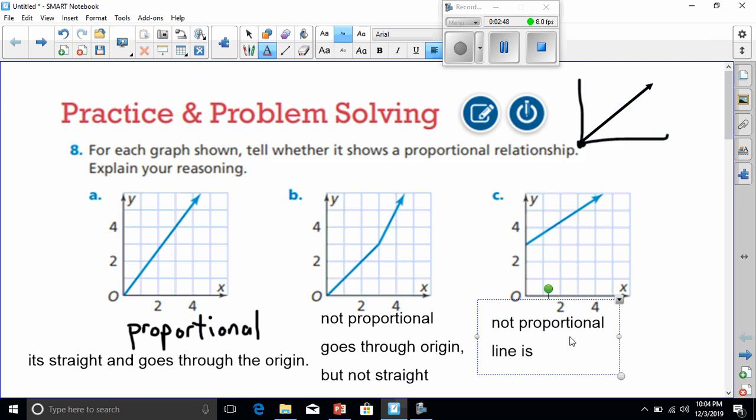Line is straight, but does not go through the origin.